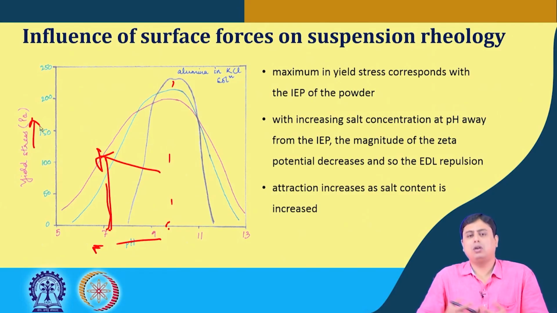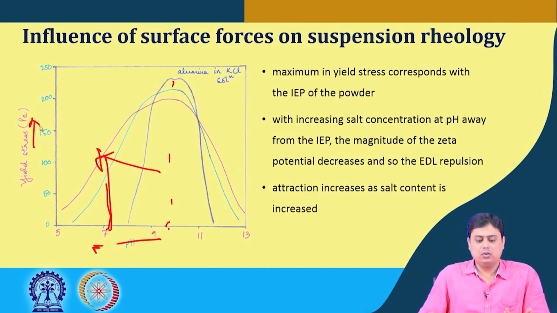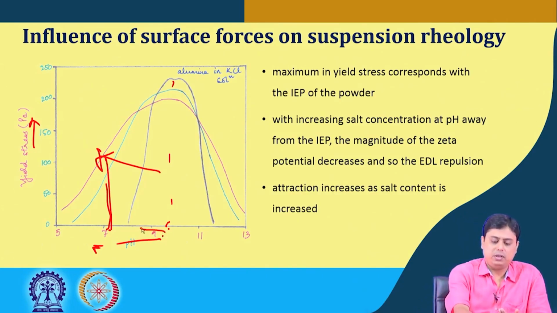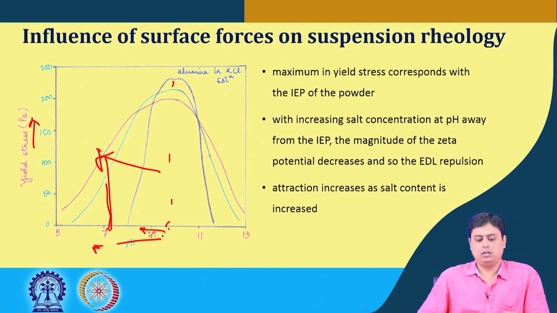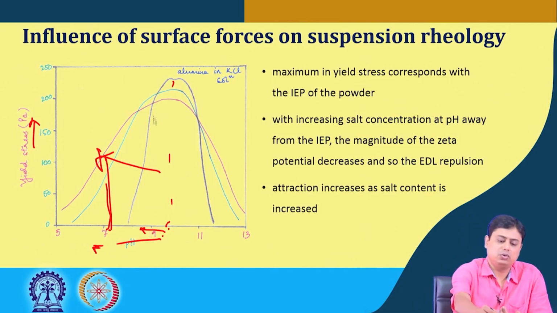So once the overall interaction is attractive in nature, then quite naturally we need higher yield stress to initiate the flow. And for a certain concentration of the salt, as we go away from this IEP, in this case what happens, the zeta potential increases, so the repulsion increases and the yield stress goes down.